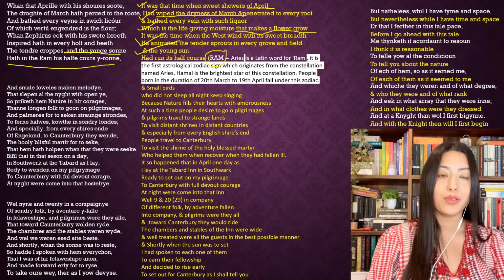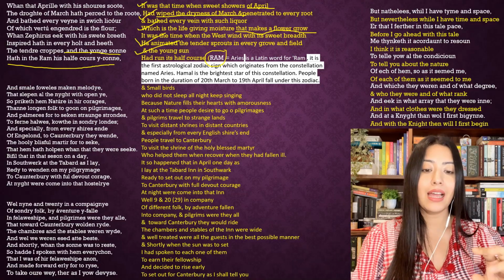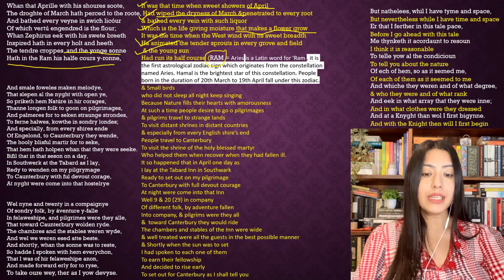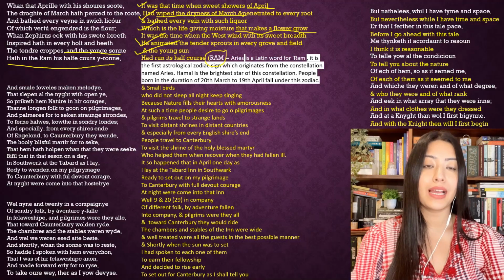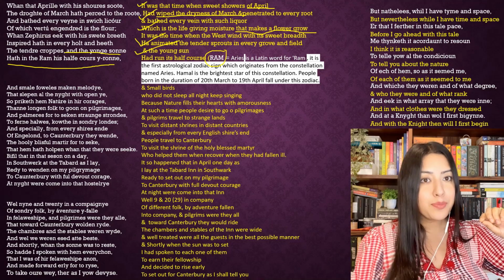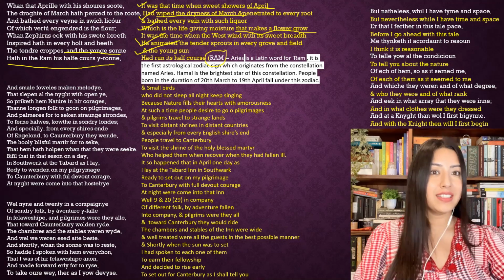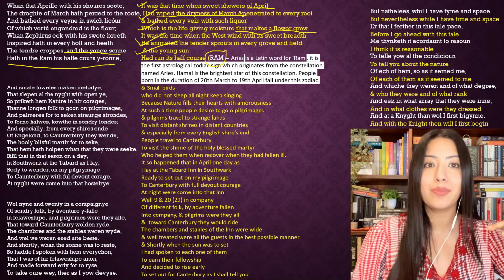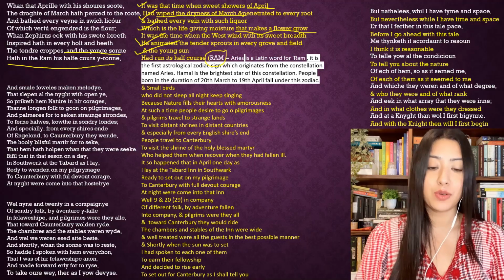So the young sun had run its half course. It is the first astrological zodiac sign when he talks about the Ram. So just know that it's the beginning of the year, and the sun has run its half course. Three months have passed from March, so it is that time he's talking about. It's April that he's talking about.